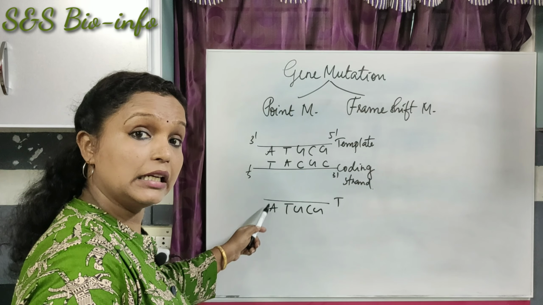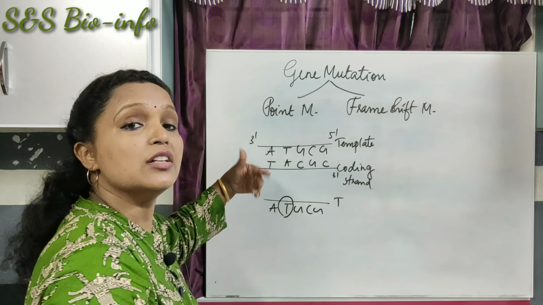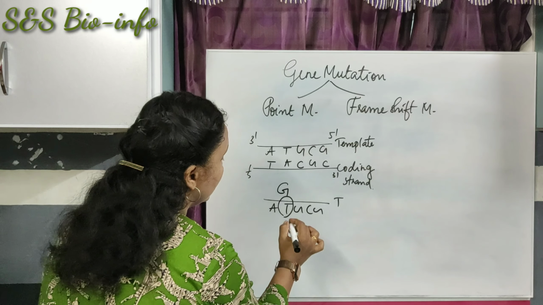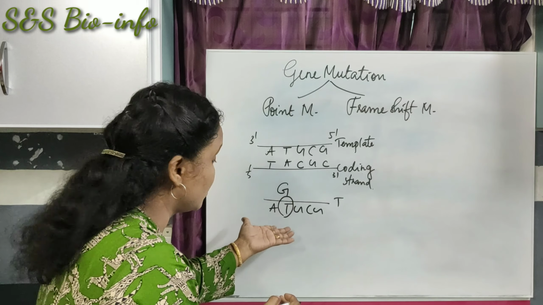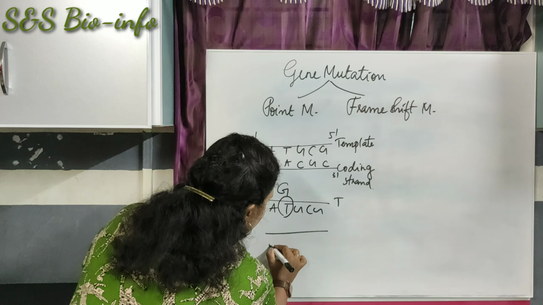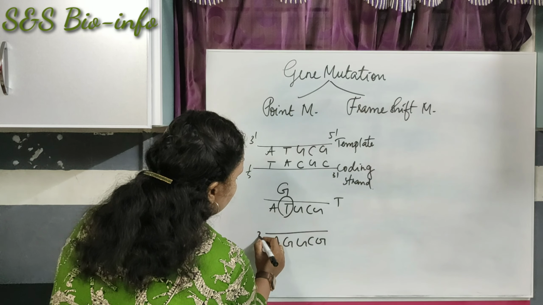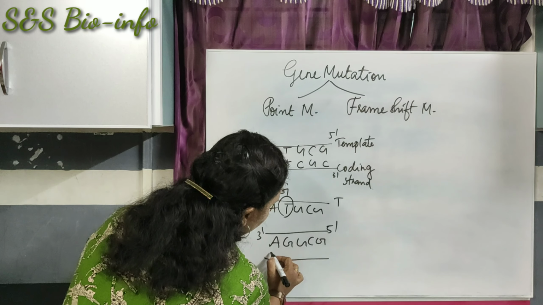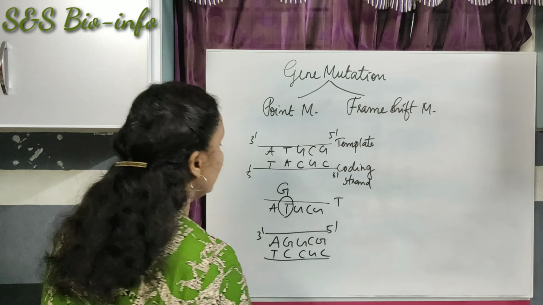If there is any change in a single nucleotide, suppose thymine is changed to guanine because of mutation, the sequence of the template will be arranged like this: A, G, G, C, G. Then the complementary strand will be thymine, cytosine, cytosine, guanine, cytosine.